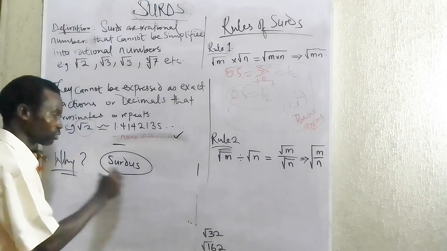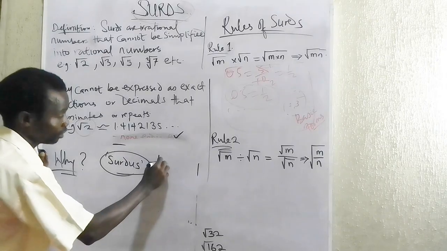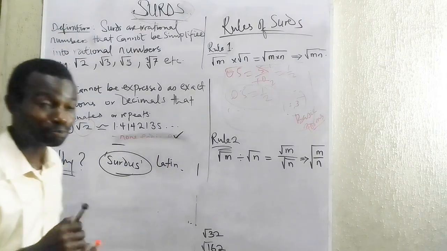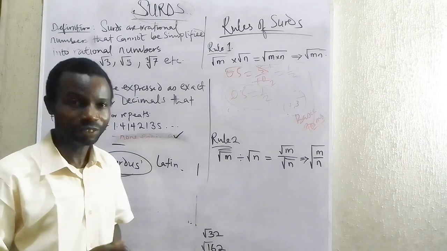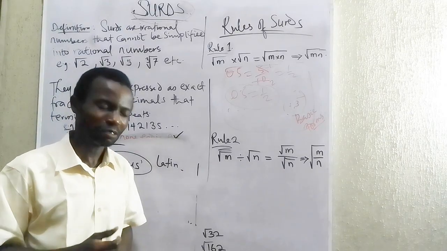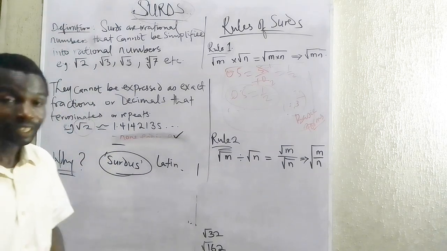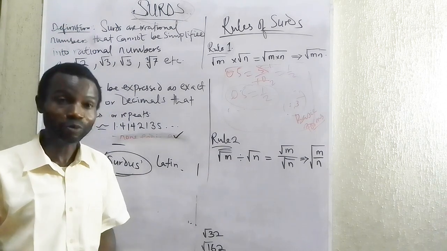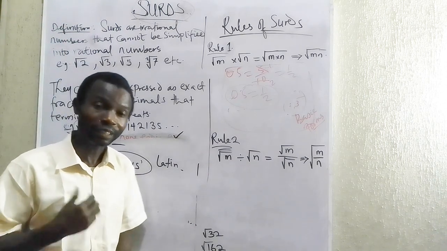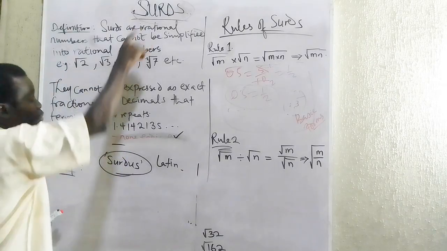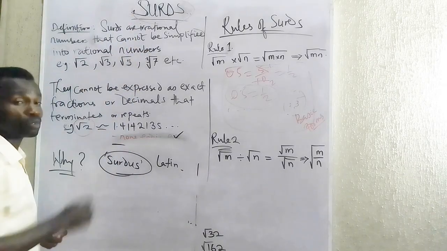And this word surd is actually of Latin origin. Now, Latin was predominant several years ago, like decades ago, even centuries. Today, English is the most dominant, the lingua franca in the world. Then Latin was. Now, from surdus we get the word surd.